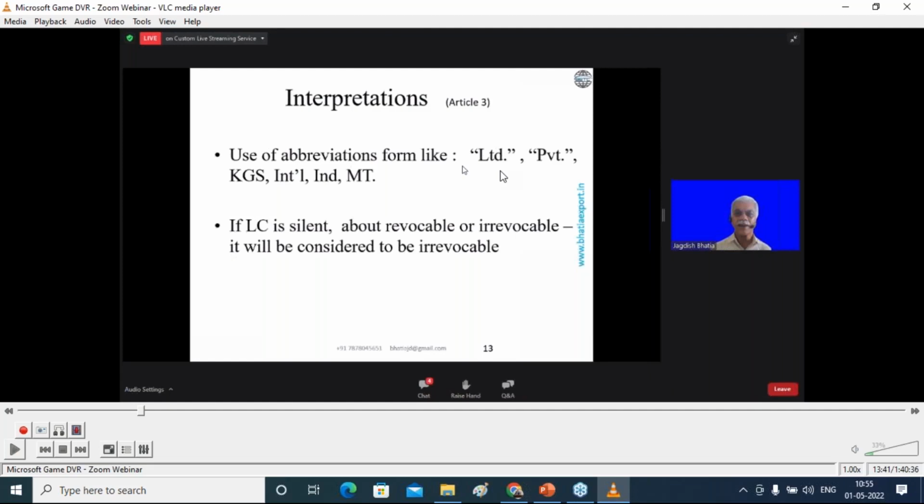If any amendment is required in the LC, then the beneficiary's consent has to be taken. The beneficiary and the bank both have to make the amendment, not the applicant alone. On the request of the buyer or the beneficiary, the exporter, only then can an amendment be made, otherwise no.